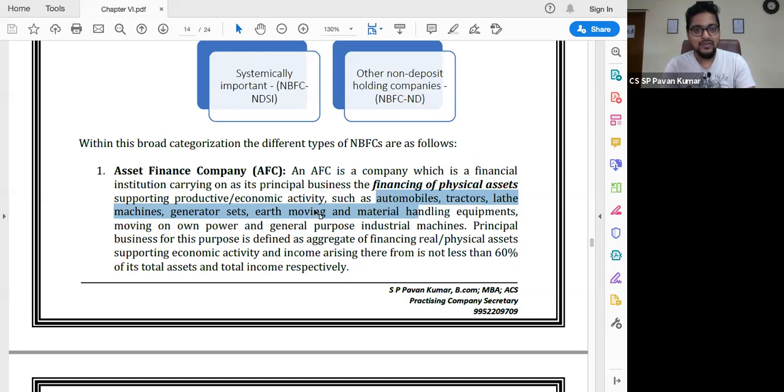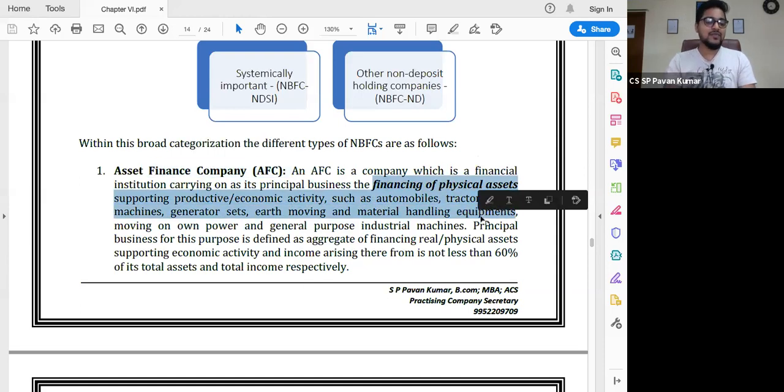Whenever an NBFC finances such big physical assets, it is called an asset financing company.